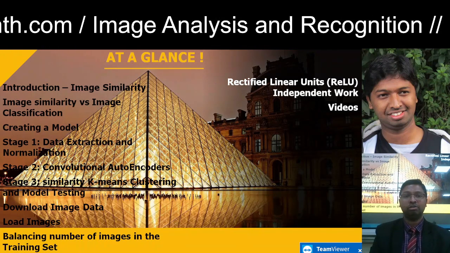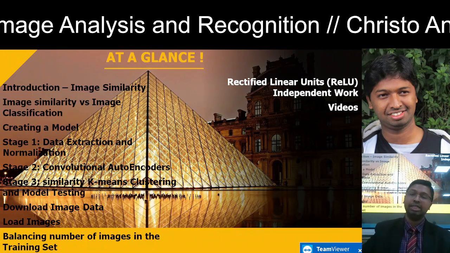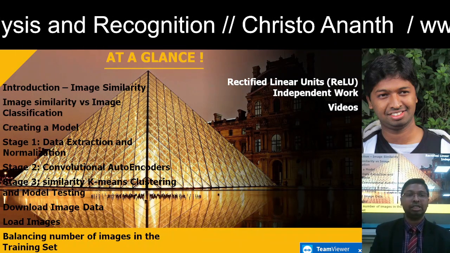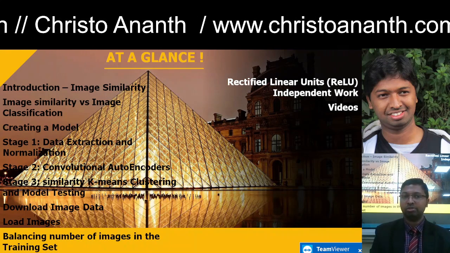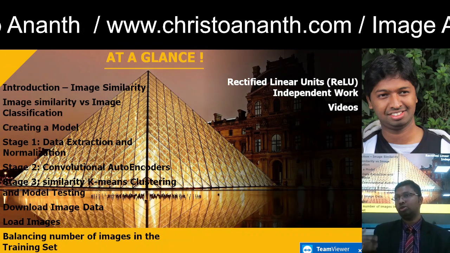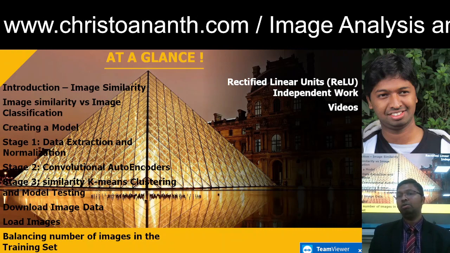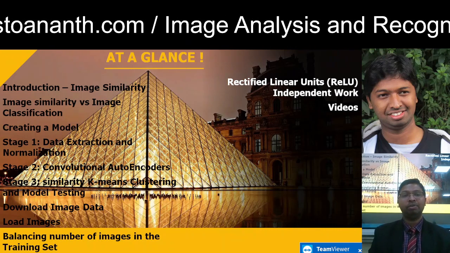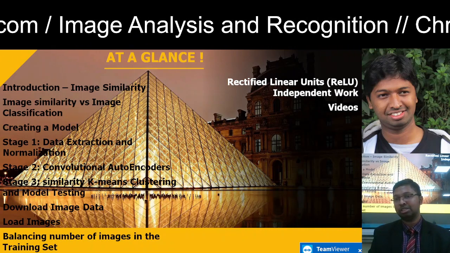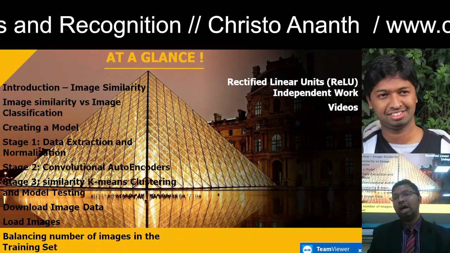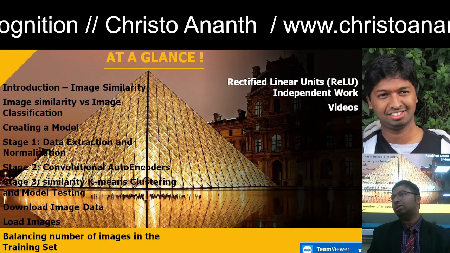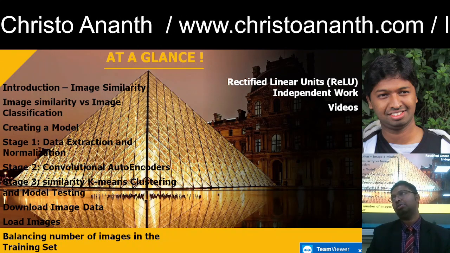And stage 3 is the K-means clustering technique and then model testing. Finally, we are going to download the image data, and see how you load the images and how you balance the number of images in the training set. And finally, we are going to end this class with ReLU, rectified linear unit.